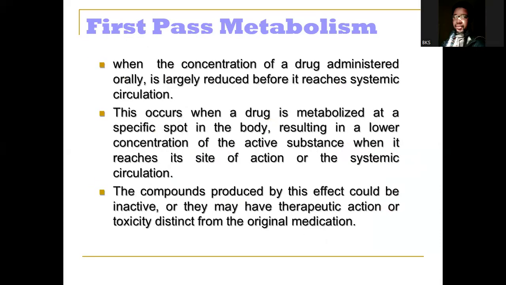Okay, so I will go back to first pass metabolism. In first pass metabolism, basically what happens is that the concentrations are decreasing somehow, but these drugs are also being metabolized. We're talking about biotransformation, but one thing you need to know is that these reactions take place majorly in the liver. We say the reaction majorly takes place in the liver, but that doesn't mean only the liver.